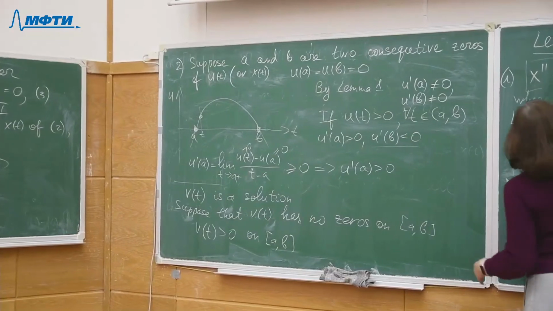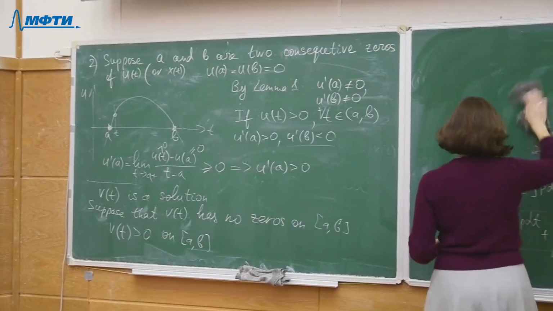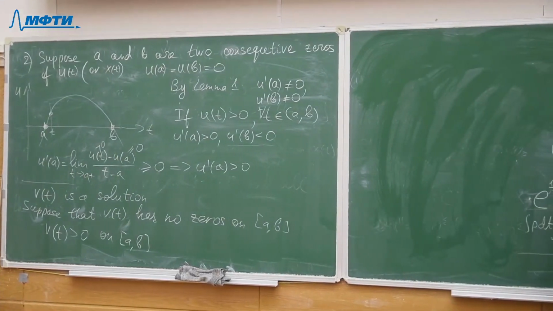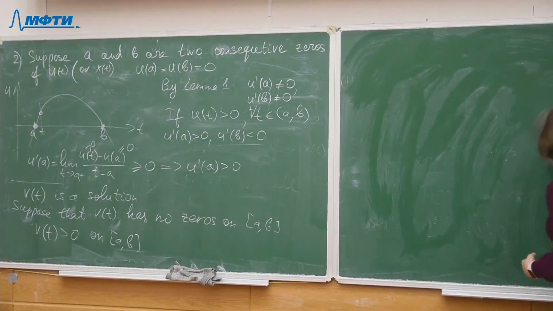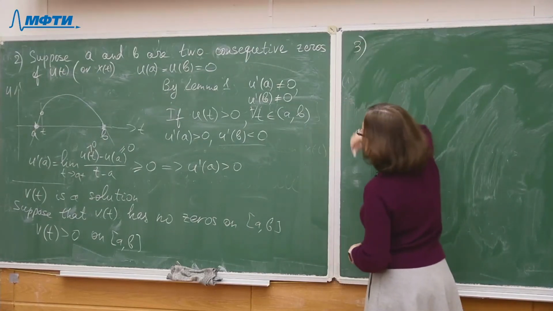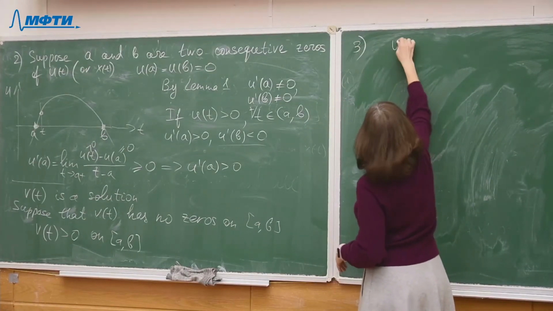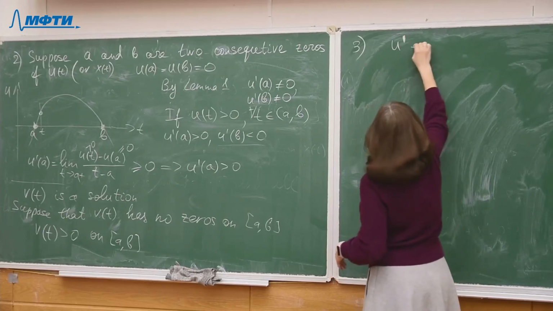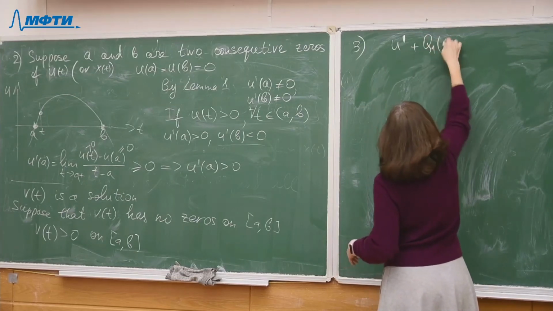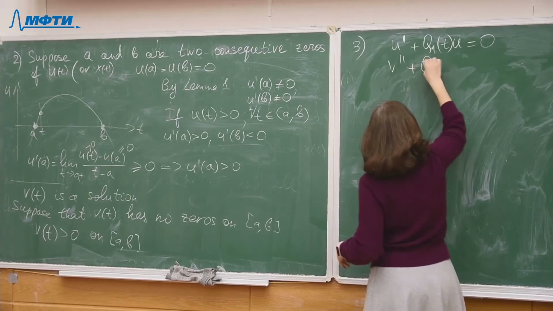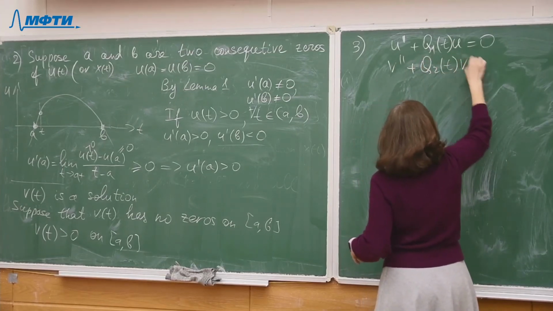Well, now step number 3, and this will be the last step. We will write two equations, u double prime plus q1 of t u equals 0, and v double prime plus q2 of t v equals 0.